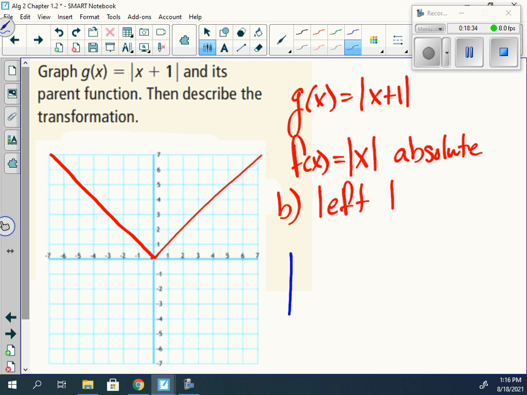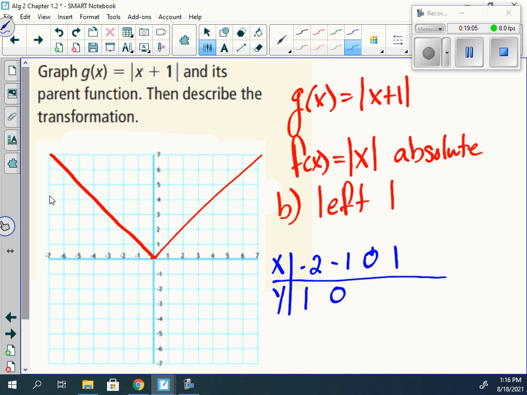The first is if I went on and graphed this: x, y, -2, -1, 0, 1. So if we plug -2 into this here, absolute value, we have -2 plus 1. Well, -2 plus 1 is -1. The absolute value of -1 is 1. -1 plus 1 is 0. The absolute value of 0 is still 0.